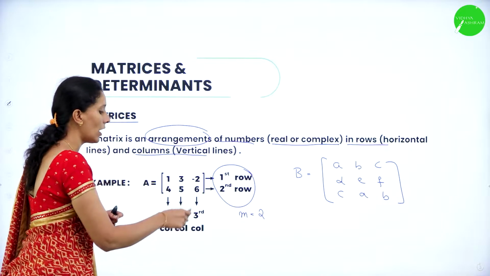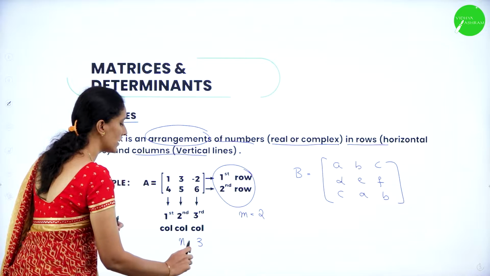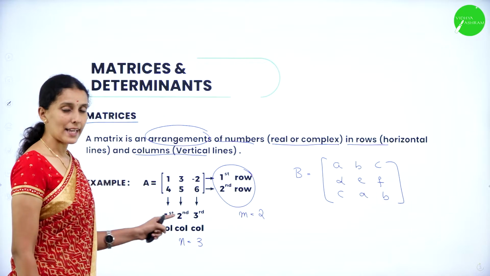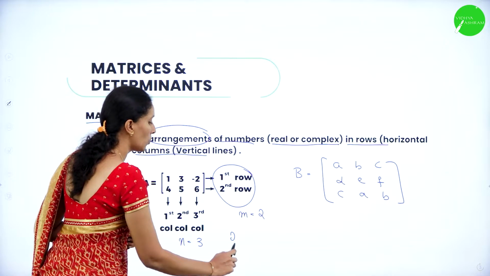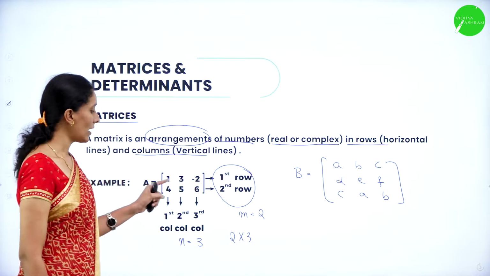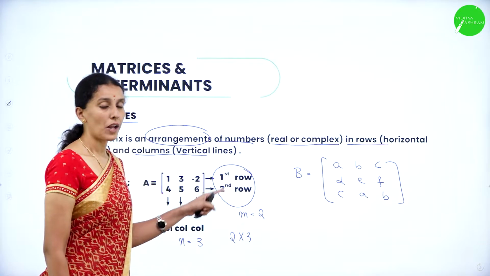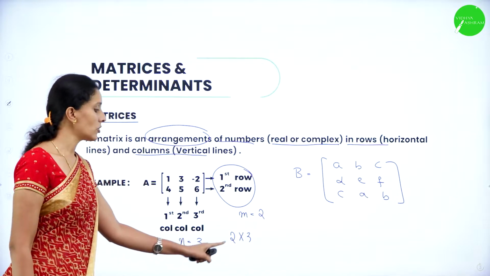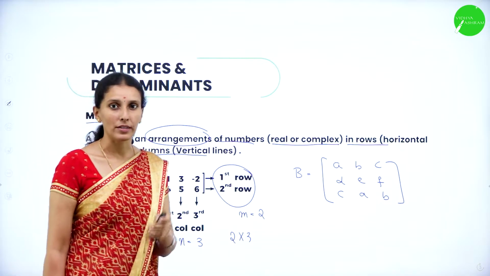The number of columns is here 3, and generally we represent the number of columns as n is equal to 3. So what is the order of this matrix? The order of this matrix is 2 cross 3 or 2 by 3. That means you have 2 rows and 3 columns, so you can also calculate the number of elements inside it. For example, 2 3s are 6. You have 6 elements inside the matrix.